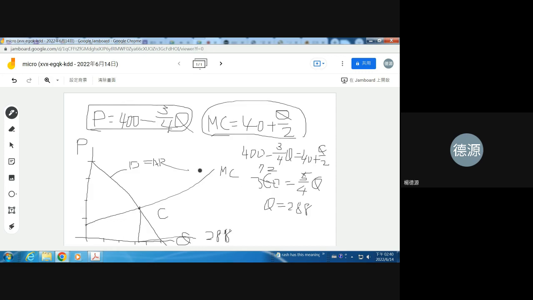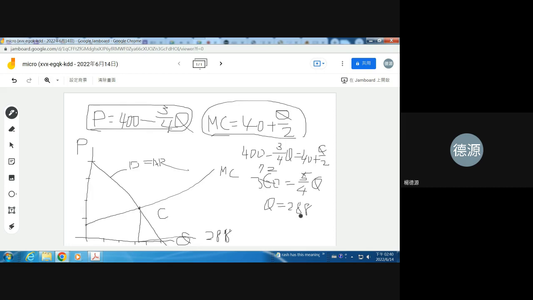And the price, can someone help me with the price? If Q is equal to 288, do I get it wrong? It should be right. Okay. So if Q is 288, how much is the price? Give me a guess.